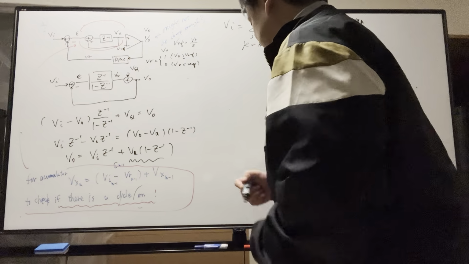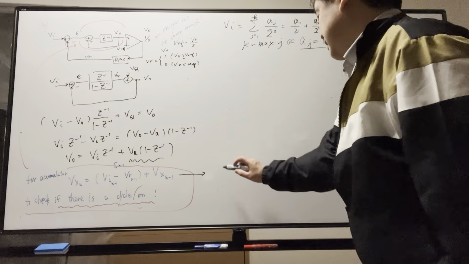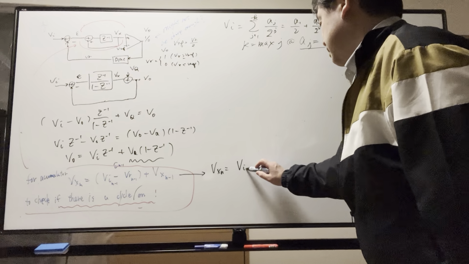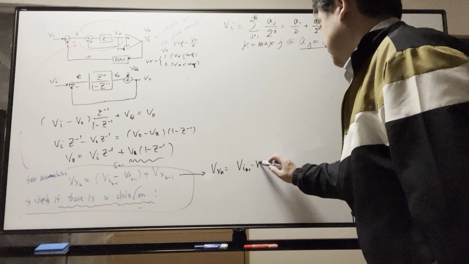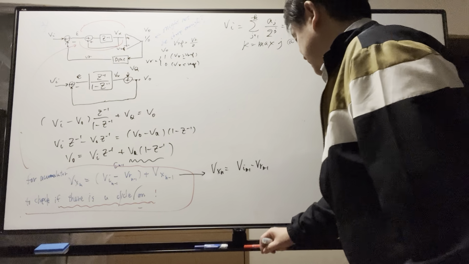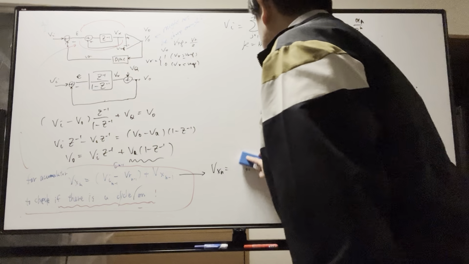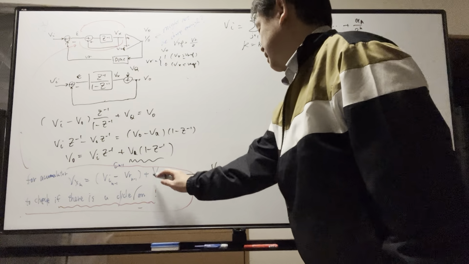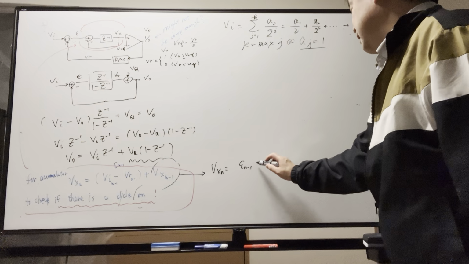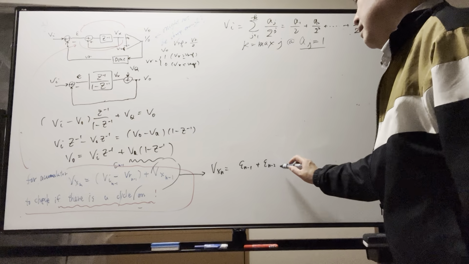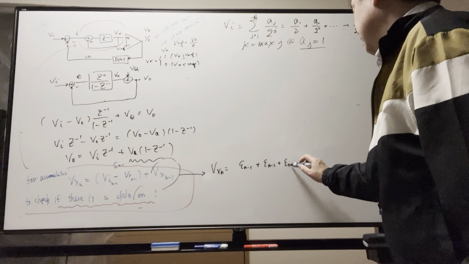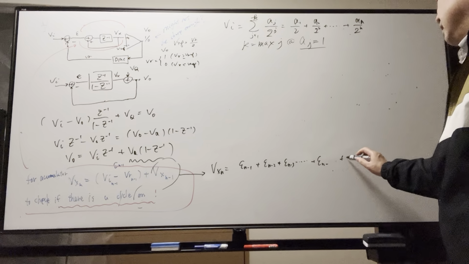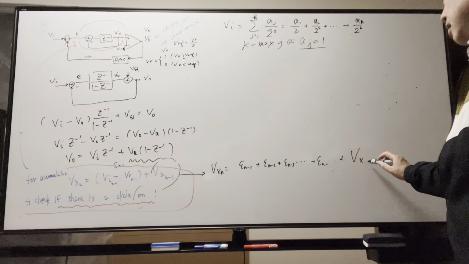Then from this series equation, Vx sub n equals Vr n minus 1 minus Vr n minus 1 exchange error of n minus 1 plus Vx. This is expanded to n minus 2, plus n minus 3, and so on, finally Vx sub n minus m.